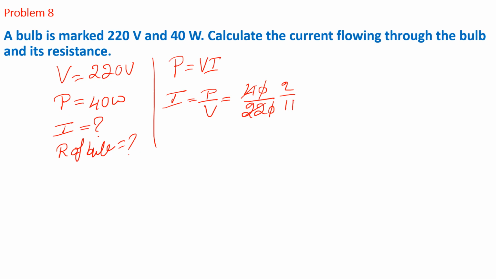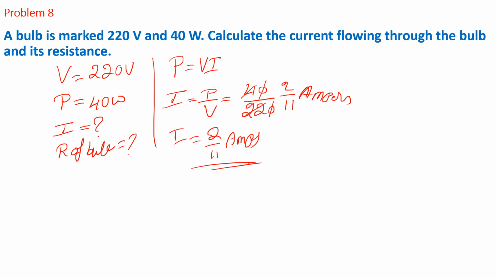I hope it is right. So 2 twos are 4, 2 elevens are 22. So 2 by 11 amperes. So current flowing is equal to 2 by 11 amps, and current flowing is over.